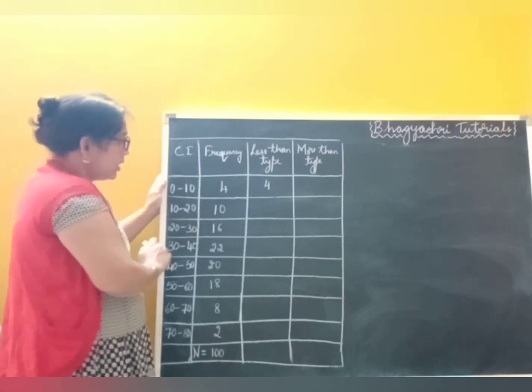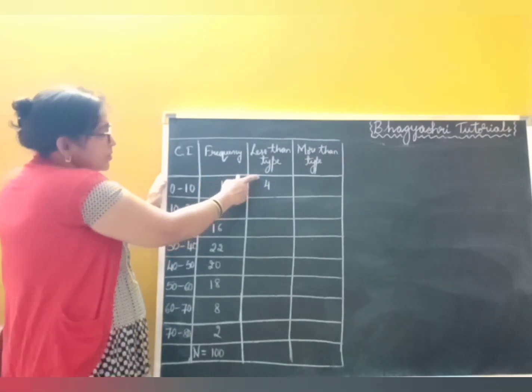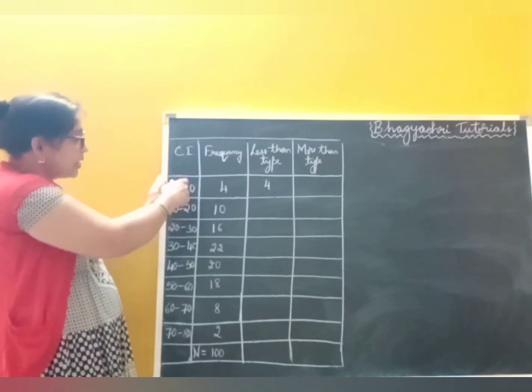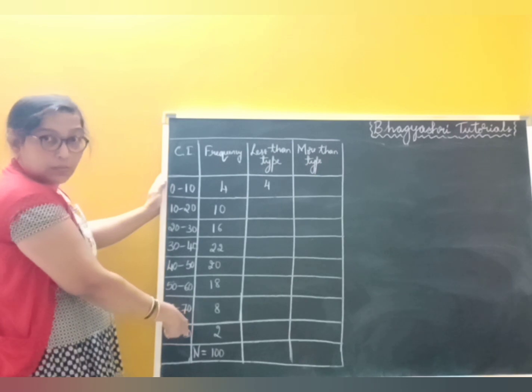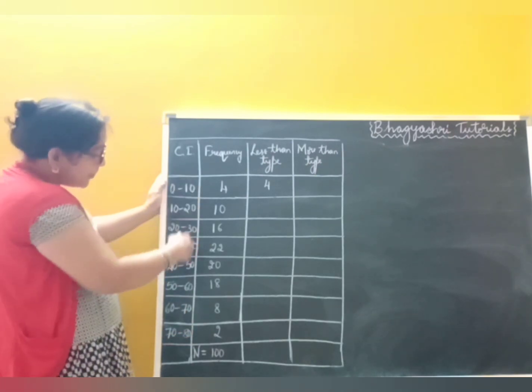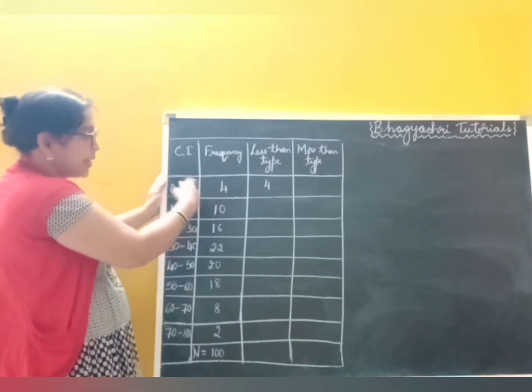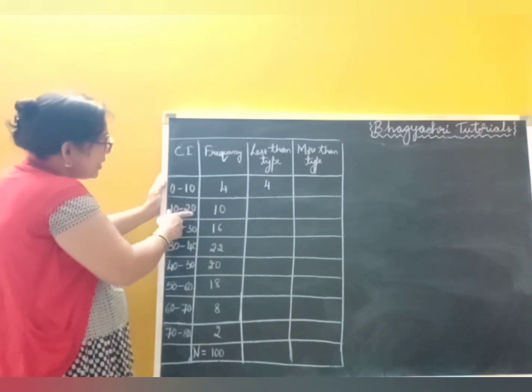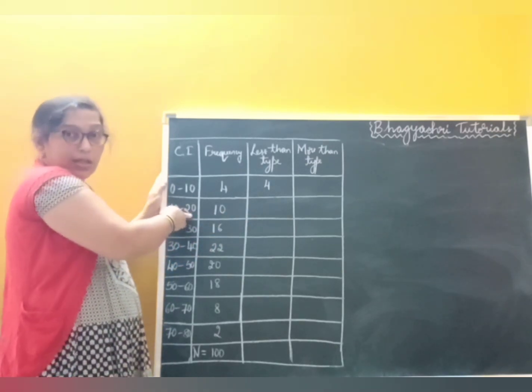Next, students who have scored less than 20. We are considering the upper limits. Do you remember that? For less than type, we consider less than this mark, less than that mark, like that. So less than 20, how many are there?